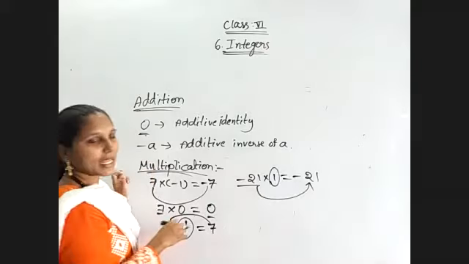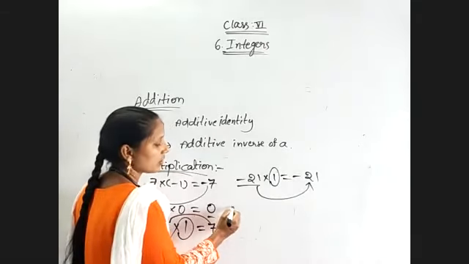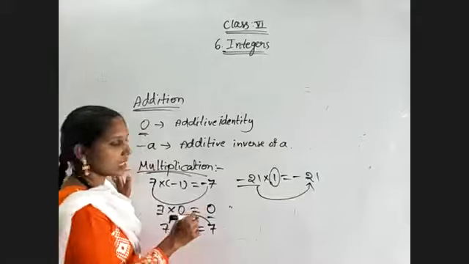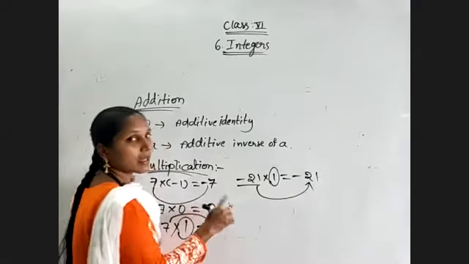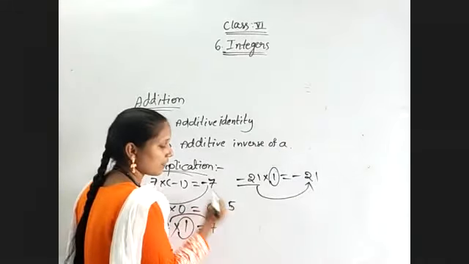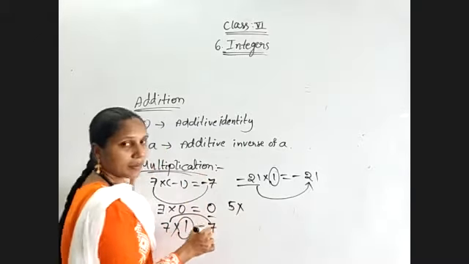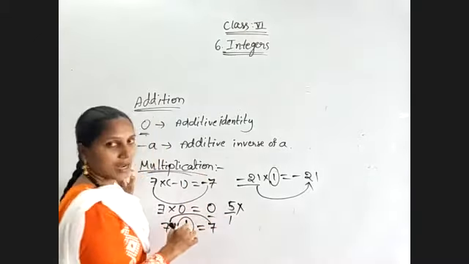What about multiplicative inverse? See, multiplicative inverse means the product of two numbers must be equal to 1. Suppose I am taking 5. Then 5 is nothing but 5 by 1 in fractional form.